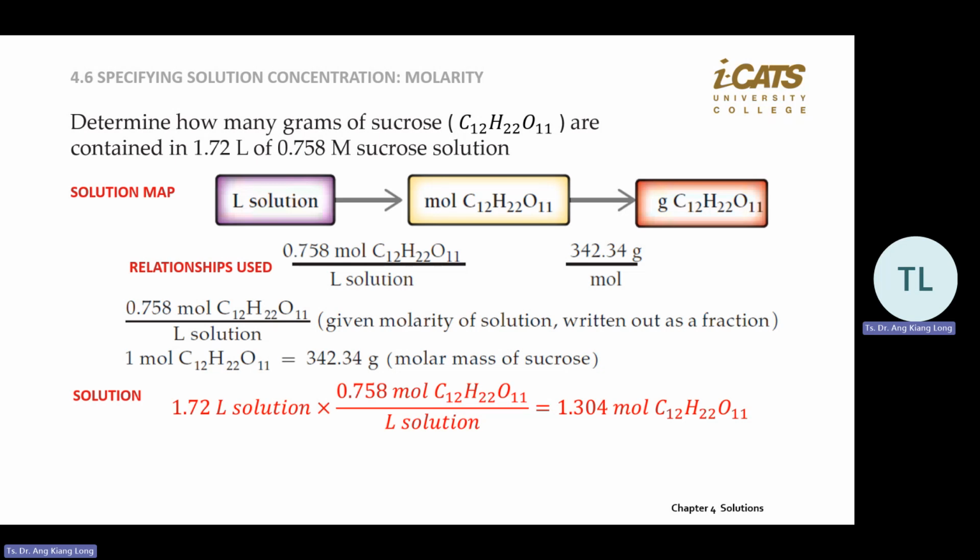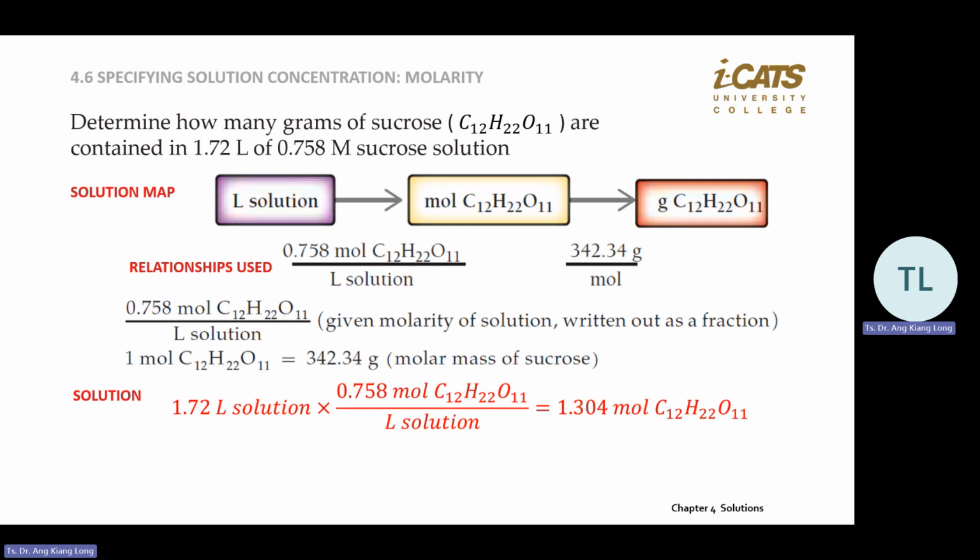1.72 liter, you convert into how many mole of solution? So this one, you are given 0.758 mole. With this, you will have 0.758 mole of sucrose over 1 liter. Now you have 1.72 liter.